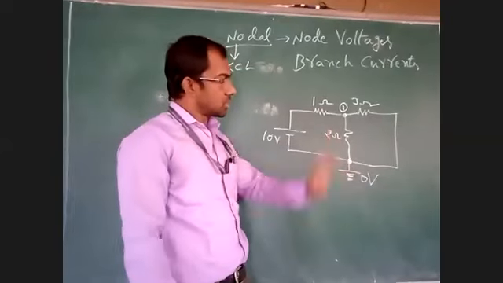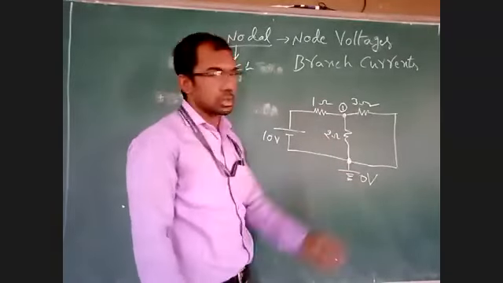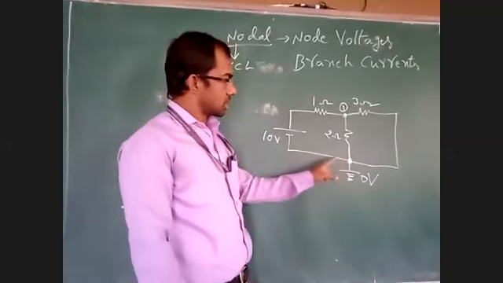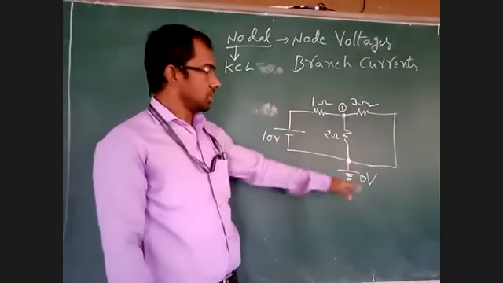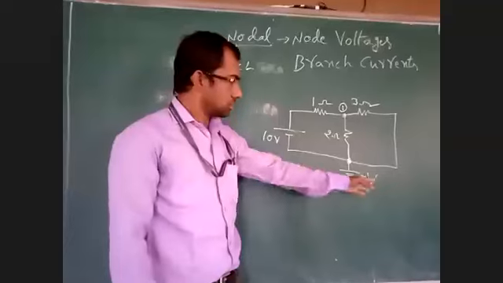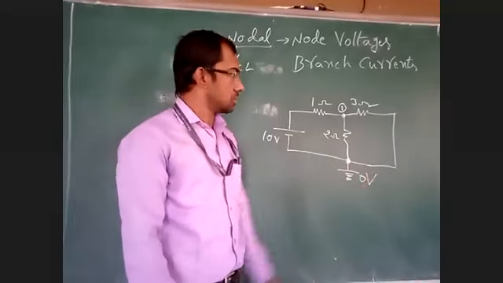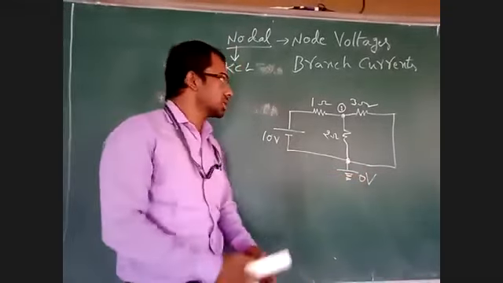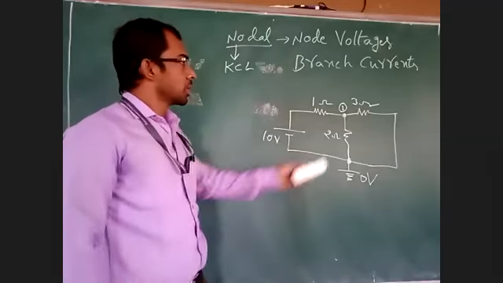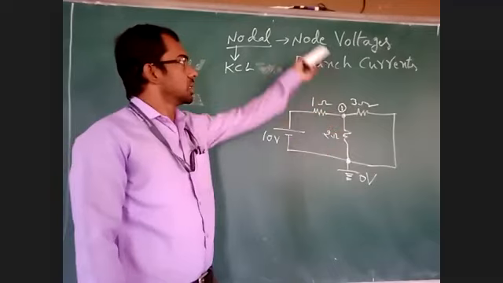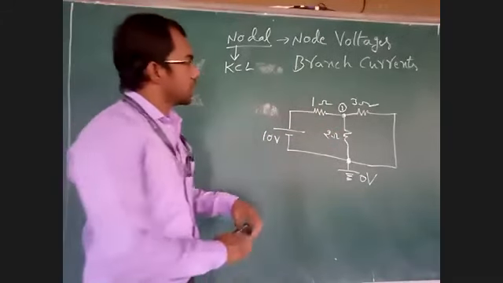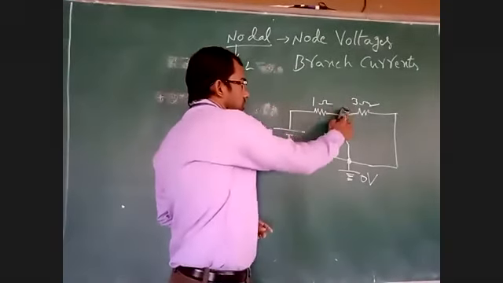Here I am taking this node as the reference node, ground node. Here also three branches are connected, but I am taking it as a reference node at 0 volts. Potential is 0 at this node. Now here we have only one other node.